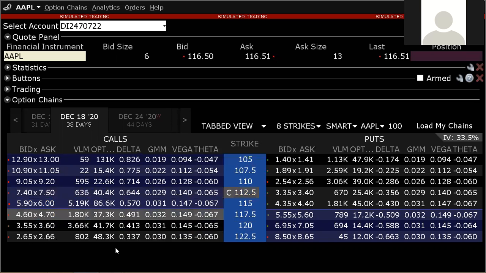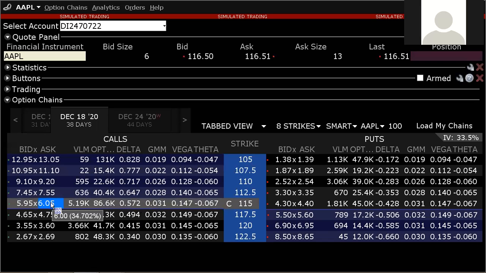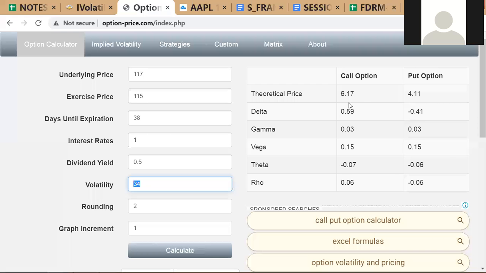Okay, the second understanding of I-Vol intuitively is a mechanical understanding, which tells you how they arrived at these numbers, 34.70. How did this happen? Therefore this happened because the 605 price comes with 34.70.